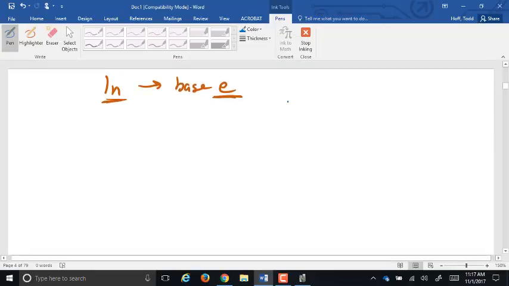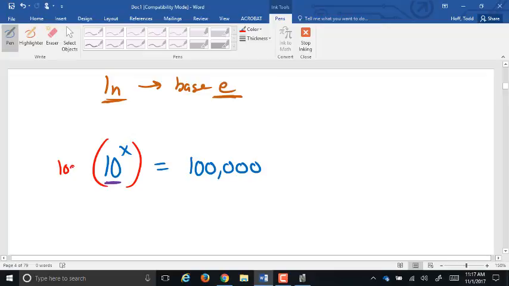So if we have something that is 10 to the power of x equals 100,000, since the base of the exponent is 10, we can solve this with the log key. If I take the log of both sides, log of 10 to the x, the log and the 10 to the power of cancel each other out. That's just x.